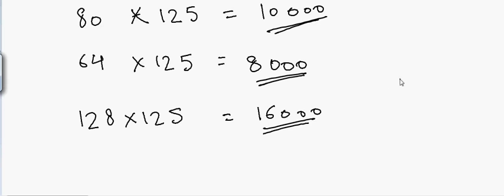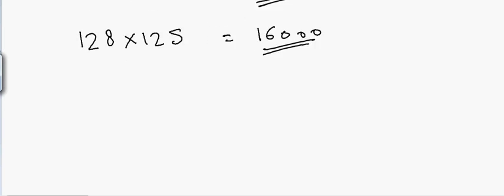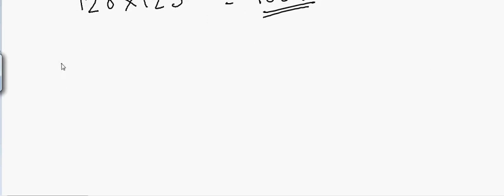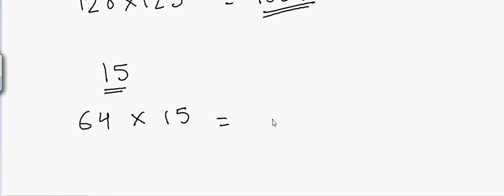Now let's go to multiplication by 15. In case of 15, this is a little different. Suppose we have 64 and want to multiply it by 15. In this case, I will take 64 and add 64 divided by 2 to it, and then multiply by 10.